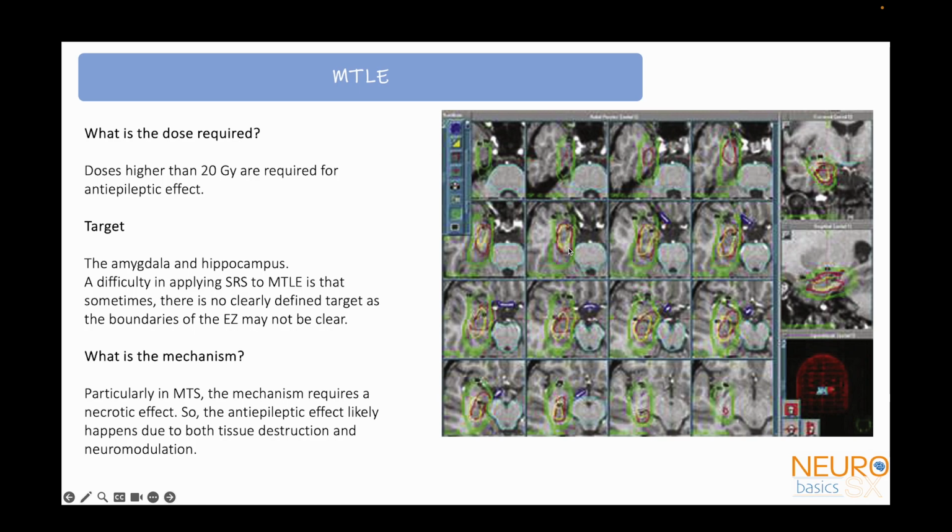So that is where it can be a little difficult to apply SRS to MTLE. Now, particularly for mesial temporal sclerosis, it has been found that the mechanism is not just neuromodulation. It requires a necrotic effect. There has to be some destruction for there to be an anti-epileptic effect. So most likely it's a combination of tissue destruction and neuromodulation.